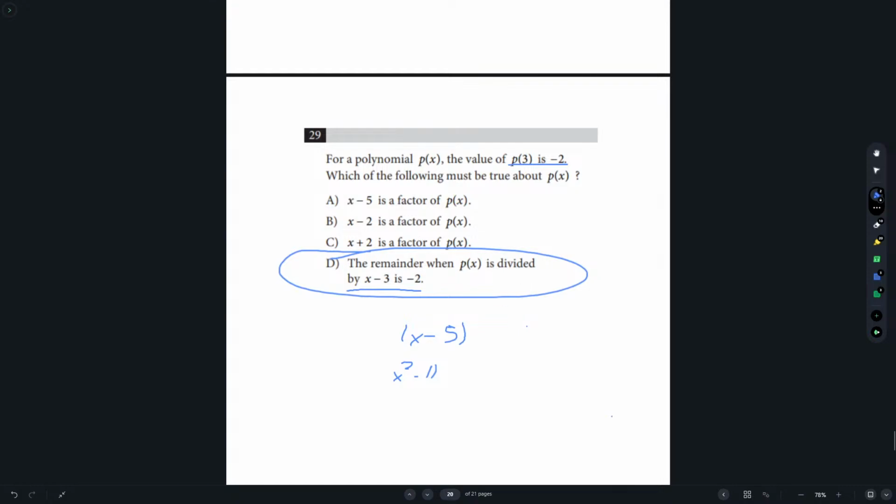This is question 29, and the answer was D. But then I got it right. Yeah, the only one that makes sense here is D because this polynomial fulfills this, so it's not true that any of the other ones have to be true. However, the remainder when p of x is divided by x minus 3 is -2.